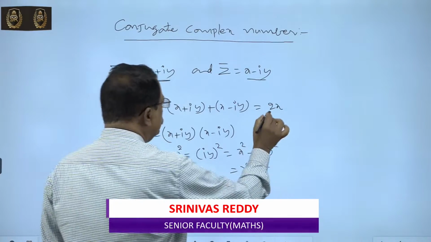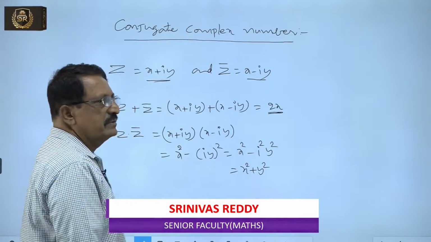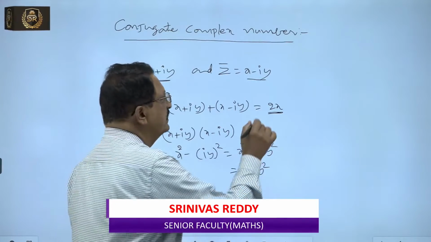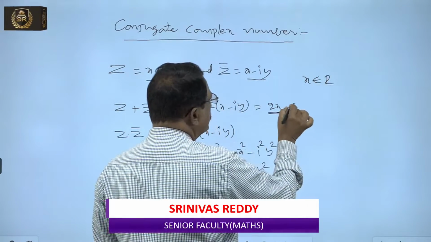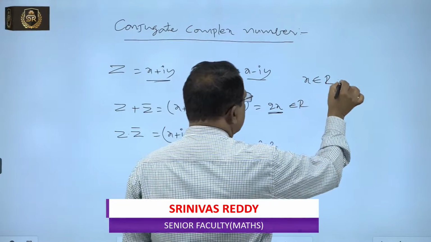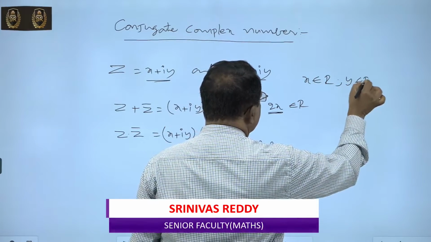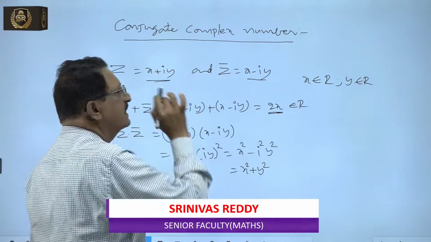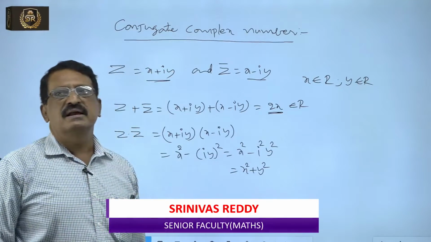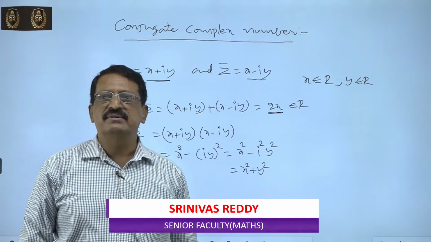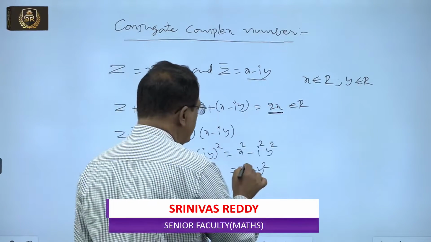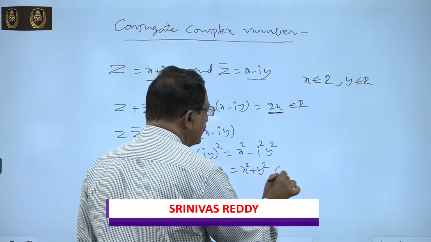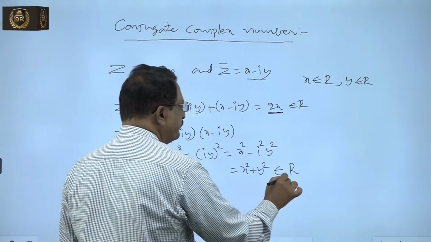Now 2x is a real number, since x belongs to the real numbers. Also y is a real number, because in the complex number x plus iy, x and y both are real numbers. So 2x is real, and x square plus y square also belongs to real numbers.